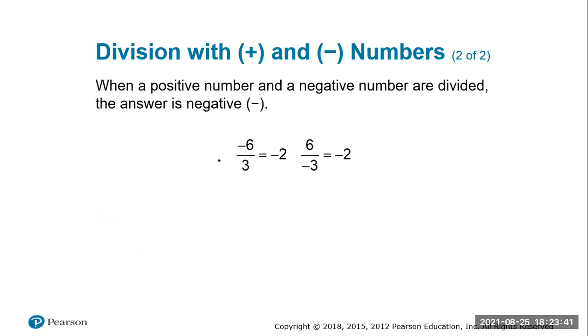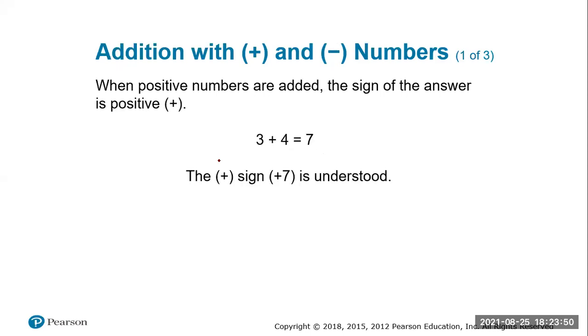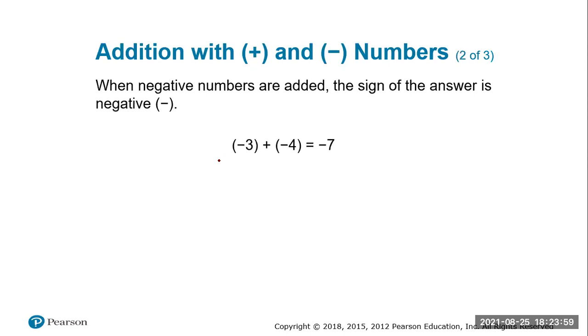As I mentioned before, with our negative and positive, if we divide, we do end up with a negative number. Other common math things we do obviously are adding and subtracting. Here we just add. Again, we do not put the positive in there. If you add two negative numbers, you end up with a negative number.